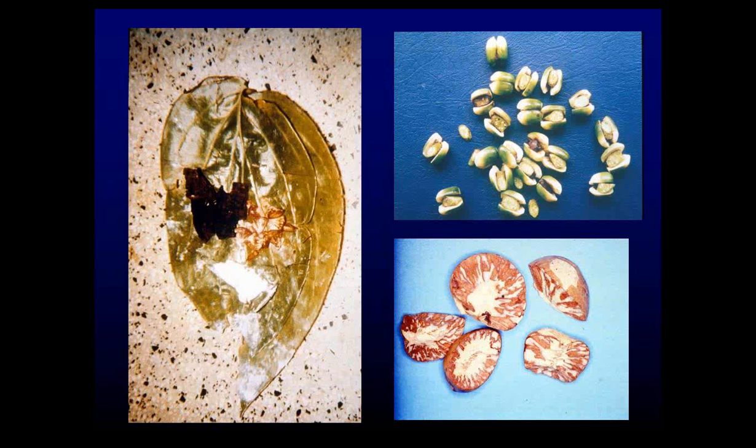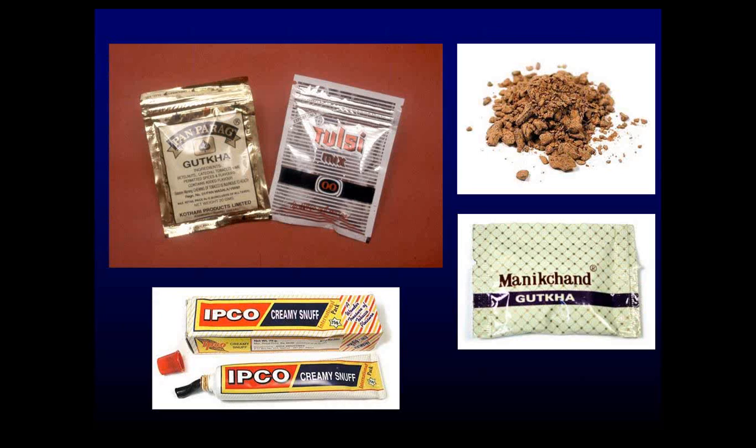If you go to subcontinent countries, it is consumed in combination with other elements and is commonly called pan, whereas in other parts of Asian countries it is consumed differently. But overall, it has been established now that this does cause oral cancer.